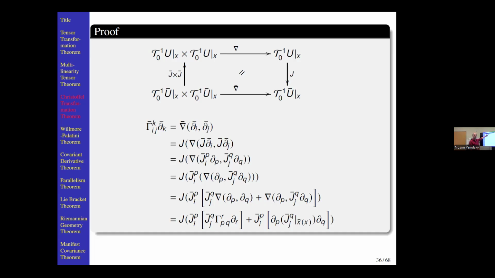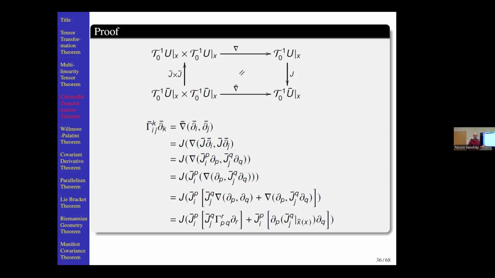You have the Jacobian on the left edge, the Jacobian on the right. This is the Jacobian on two variables on the left end for the input of a connection. And you want to show the diagram is commutative, so that you're required to show that the structure of the connection is preserved, that the second coordinate is also Leibnizian.